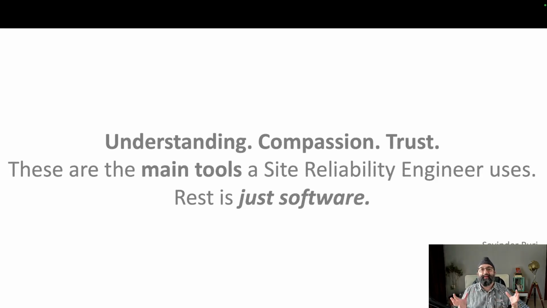And here's what I believe in: understanding, compassion, trust. Understanding somebody else's point of view, compassion, that hey, I feel your pain, and trust that whatever you are seeing is correct, and that's what you're feeling and what you're going through. These are the main tools that an SRE engineer uses. Rest is just software. And I'm going to leave you with that thought.